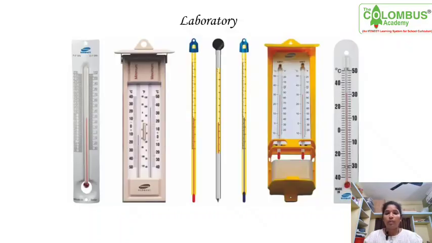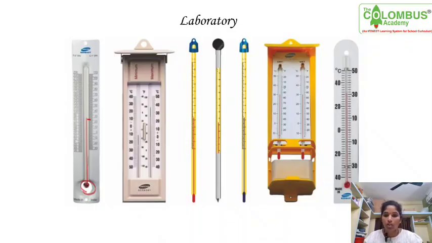These are the different types of thermometers that we use in the laboratory. Can you see this red mark? This is called the bulb, and this is mercury, having a red mark.